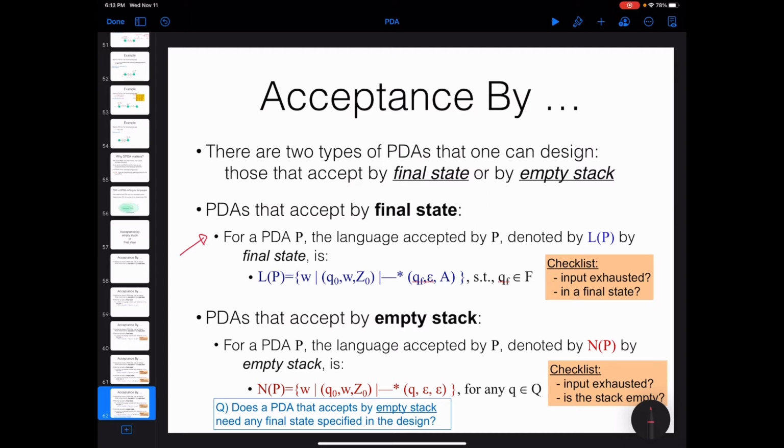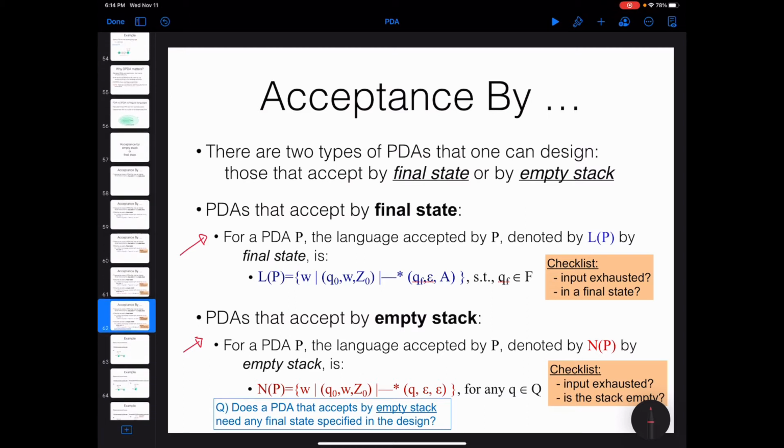But the empty stack pushdown automaton tells you that the finite state part doesn't need different types of states. We just care about the actions over the stack. We just want to make sure that you read the input, and after a set of actions the stack is empty, and you accept the string.